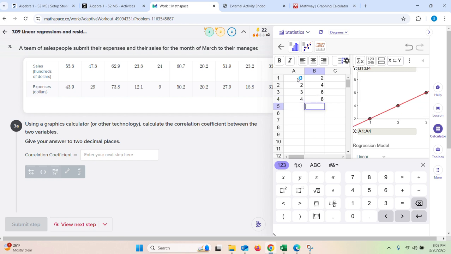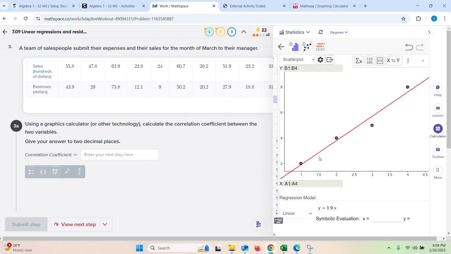There. Look at that, beautiful. If the dots are really close to the line, that's a strong correlation. If there are big spaces between them, that's moderate to weak. The bigger the space is, the weaker it is. I hope this helps. Let me know if it doesn't. Talk to you later.